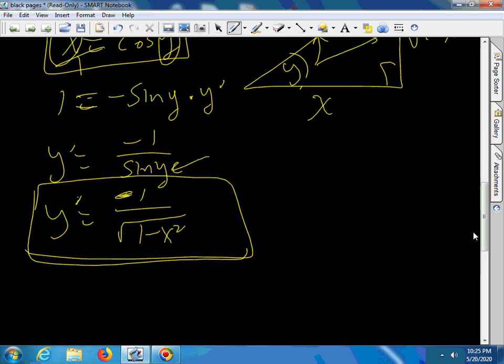Okay, so now, what if I have y is equal to the tan inverse of x. What is the derivative? Well, I can take the derivative of y and get y prime, but I don't know how to take the derivative of tan inverse of x. After all, that's what I'm trying to derive.